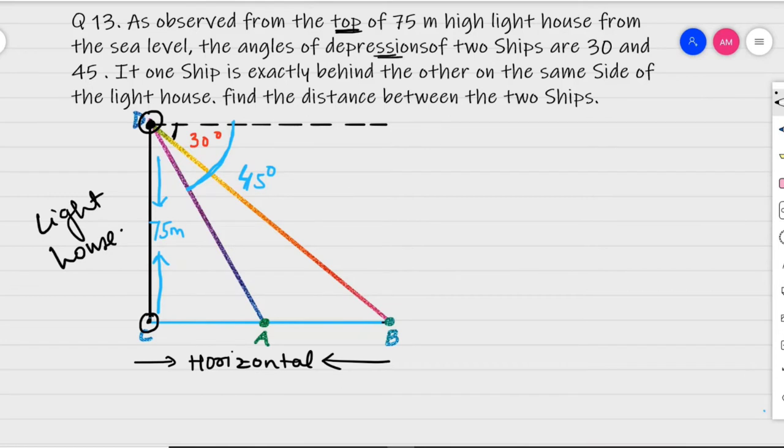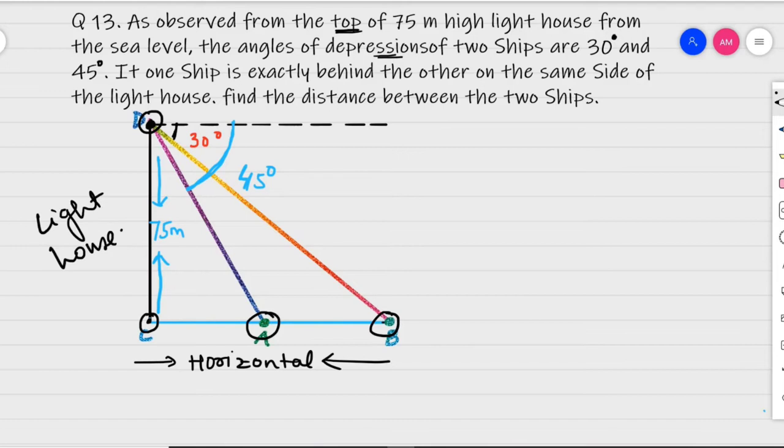Because someone is looking down. When you are looking down, you say angle of depression. Two ships means there are two ships. Let us say A is one ship and B is one ship. They are making 30 degree and 45 degree. Angles made by these two ships, angle of depression with the person or with the eye that is at D, is 30 degree and 45 degree respectively.